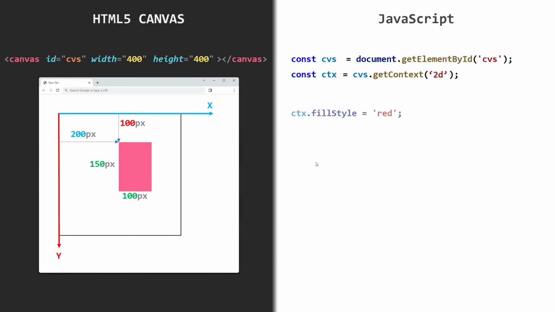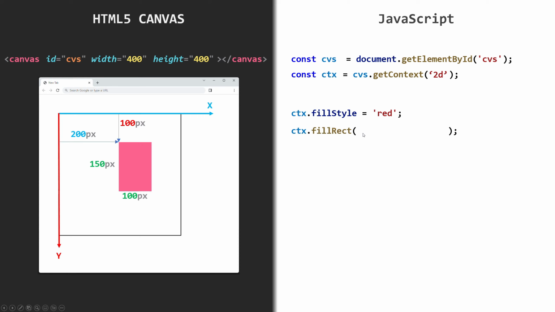Now let's go and see how we can draw this rectangle. We want to change the fillStyle to red, because if you remember, it's black by default. And then I want to use the fillRect method. You can see that we have parentheses here, so this is a function, a method. This is just a property. Now the fillRect method expects 4 parameters.